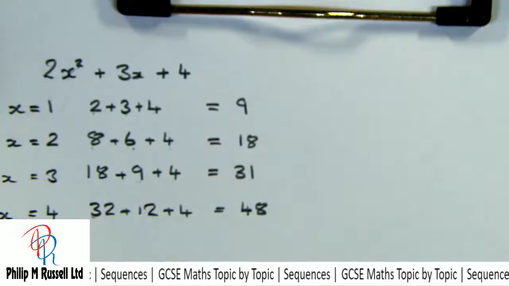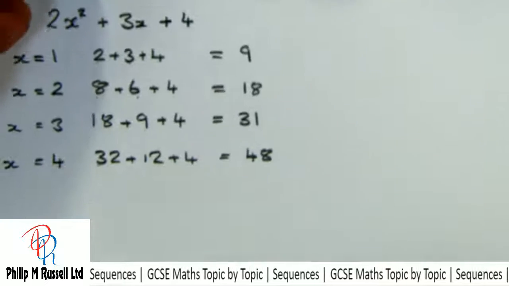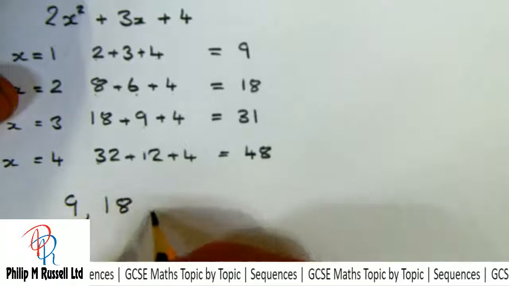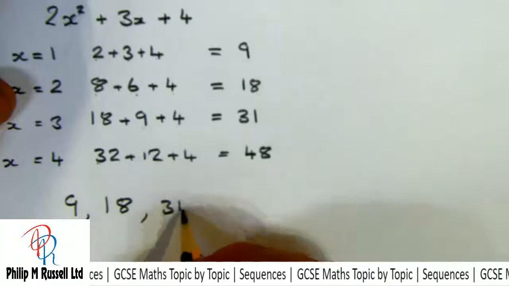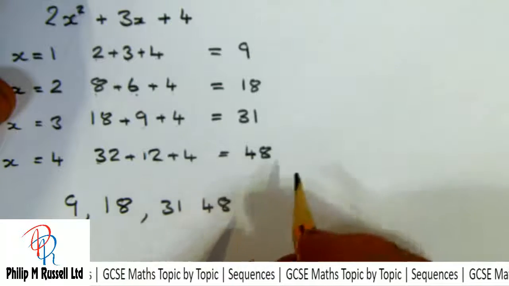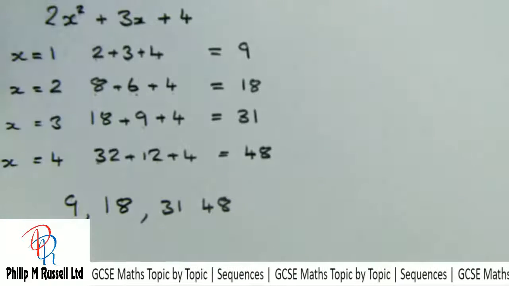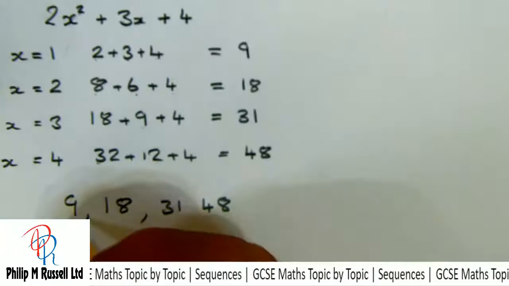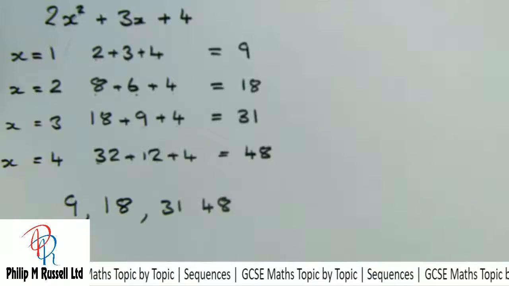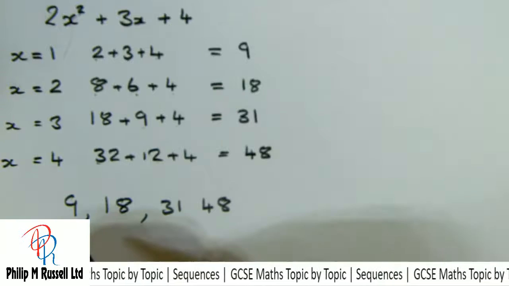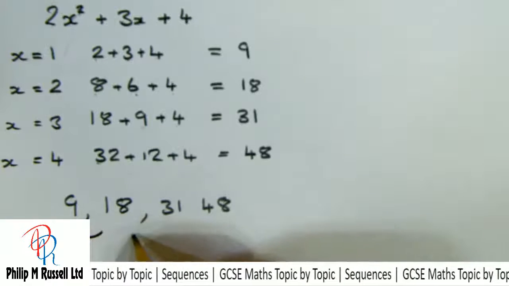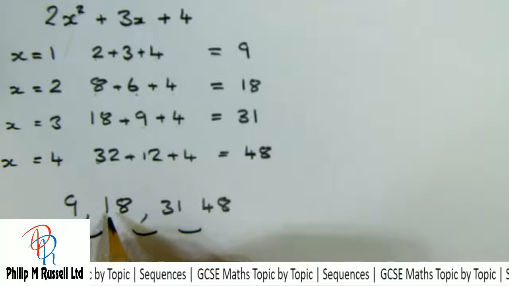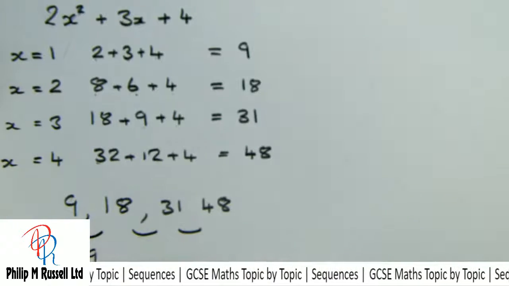Now, if I haven't made a mistake, this might work out as we go along. So I've got a sequence of 9, 18, 31 and 48. And what I've got to do is work out what's going on. So first of all, we need to work out our common difference. 9 from 18 is 9.